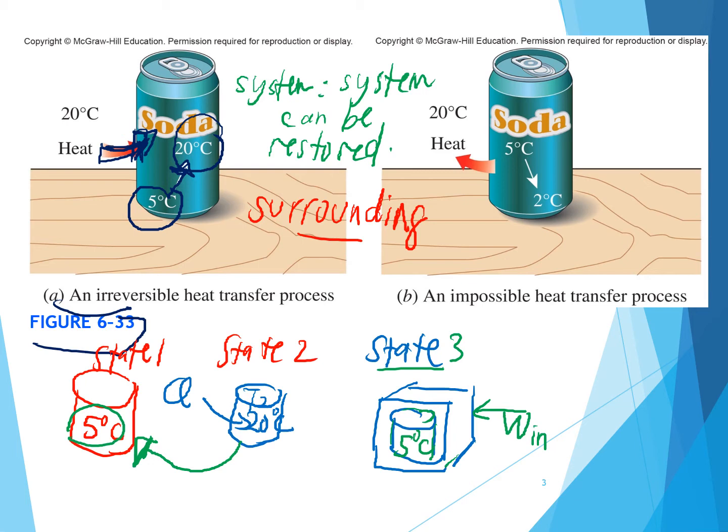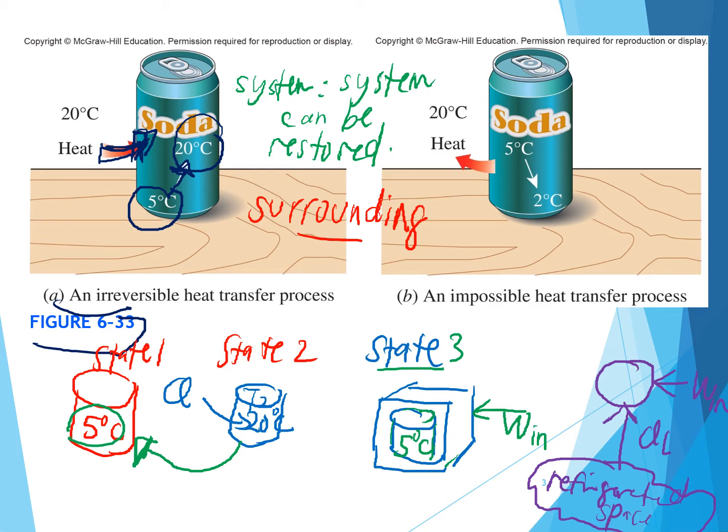recall the refrigeration cycle that we have learned earlier, you have a refrigeration cycle which requires input, and you need to absorb some amount of energy from the low temperature source, which is the refrigerated space, which is where your soda is in. So this is where your soda is in, right?